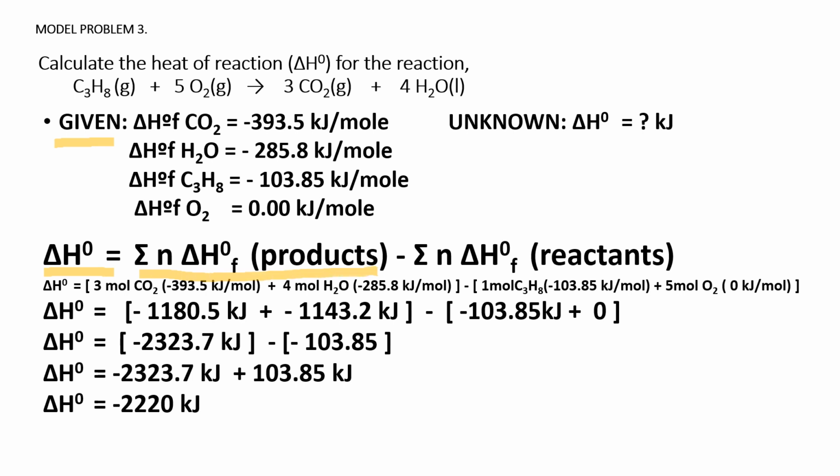Remember, it's always the total heat of formation of the products minus the total heat of formation of reactants. And do not forget that each heat of formation must be multiplied by n. And what is n? Coefficient.